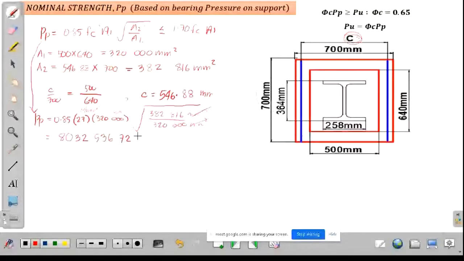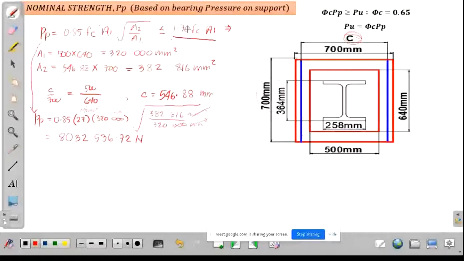Yes, ma'am, correct. Okay. And this should be less than or equal to this equation, kasi meron tayong limit, yung 1.7 fc prime A1. So, pakikuha yung value ng 1.7 fc prime A1. So, dapat daw ito mas maliit or equal to the value of 1.70 fc prime A1.